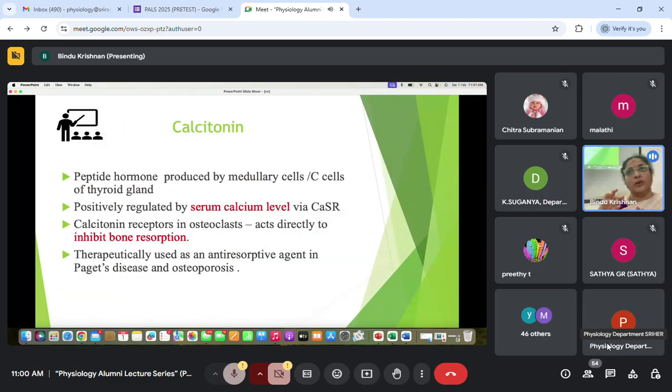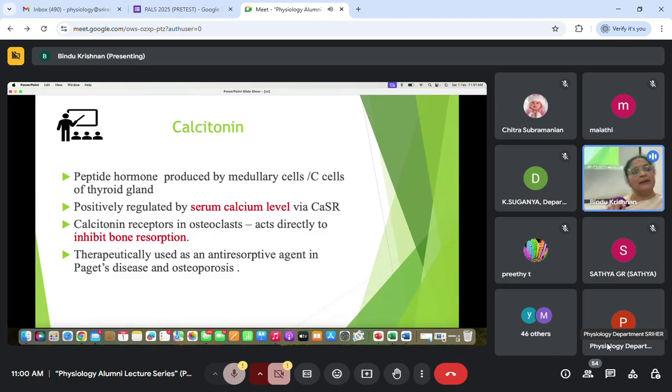Now moving to the poorer sister, I would say, compared to parathormone and vitamin D: calcitonin, but it plays its sweet role there. It is a peptide hormone produced by the medullary cells or the C cells of the thyroid gland. It is positively regulated by the serum calcium level, right? And there again, you have this calcium sensing receptor.